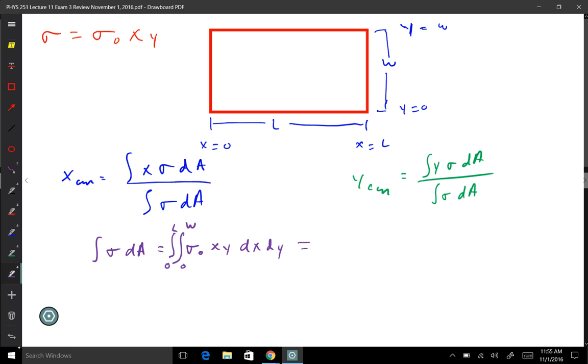And then this integral is actually real easy because I can completely separate it. Whenever you can separate it so that this portion only has x and this portion only has y, then it's just two regular integrals that are not dependent on each other. So I'm going to write this as separated integrals, putting the sigma 0 outside: 0 to L, x dx, times 0 to W, y dy.